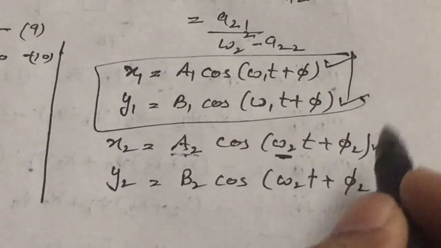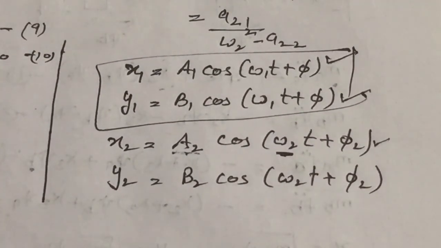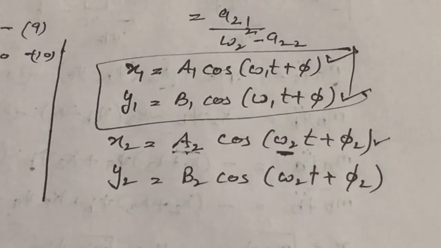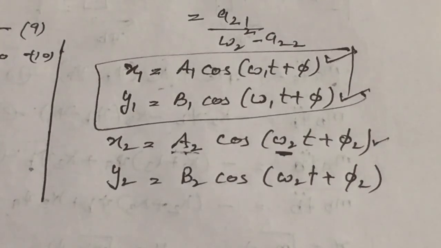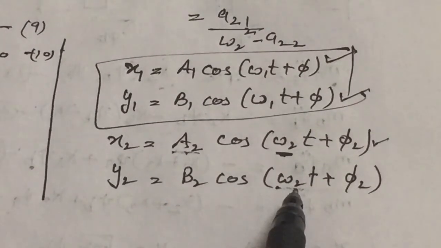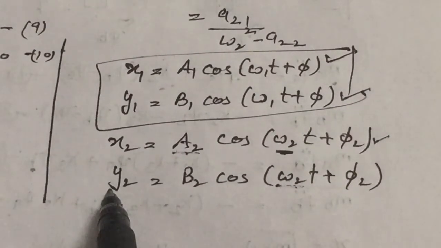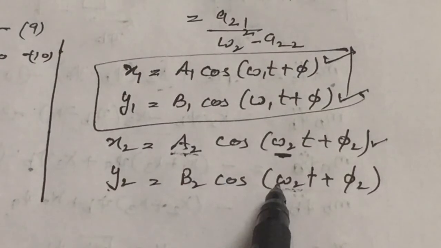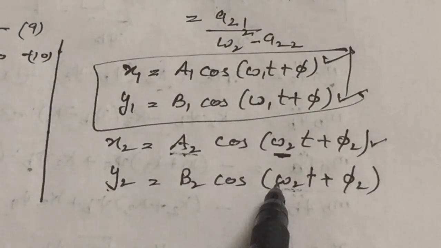Similarly, this is the motion of the first particle when it is moving with an angular velocity of omega 2, which is possible in simple harmonic motion in our case, and similarly this is the second particle motion when it is moving with an angular velocity of omega 2.